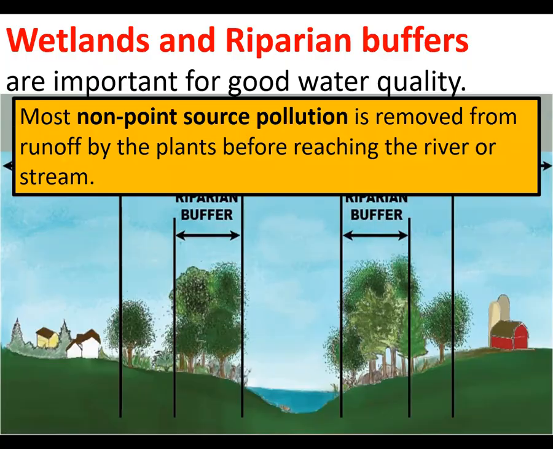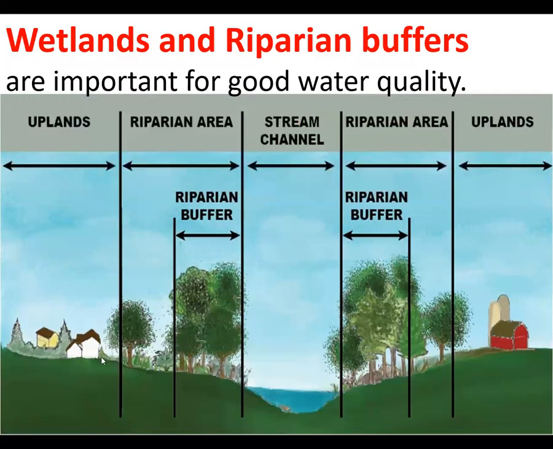So what's happening here is that the pollution from the community here, when it is carried by runoff, these shrubs and trees and grass filter that pollution before the water goes to the river on both sides. Now, this is a farmland here.